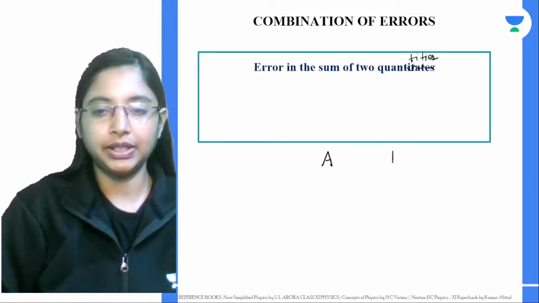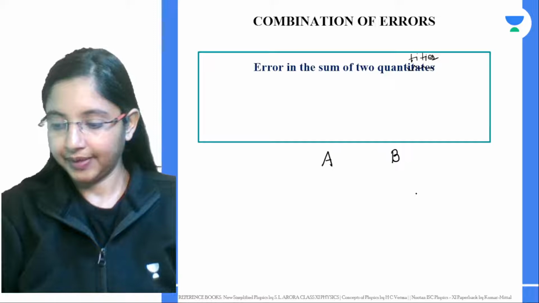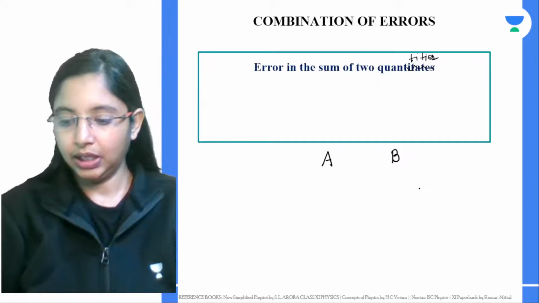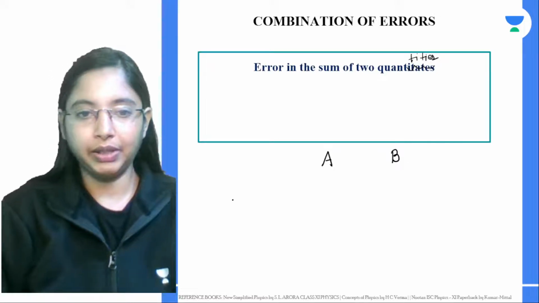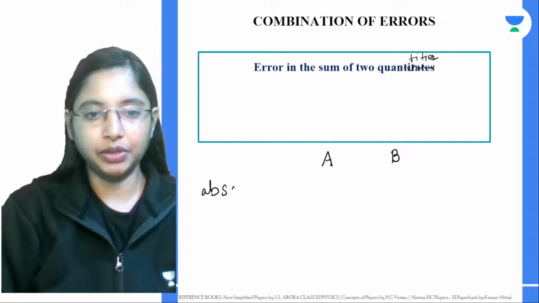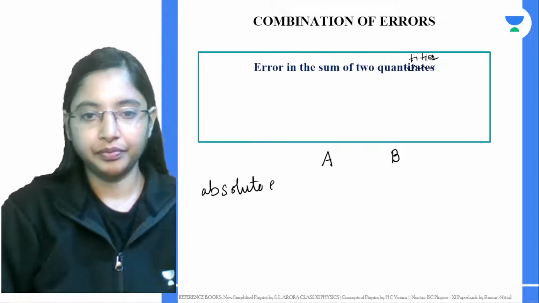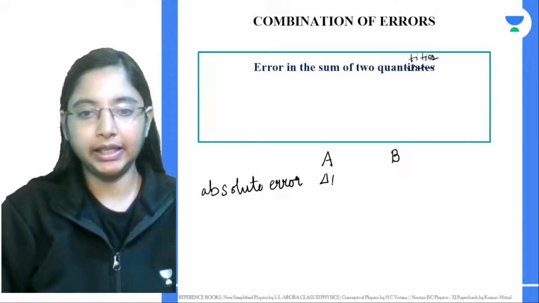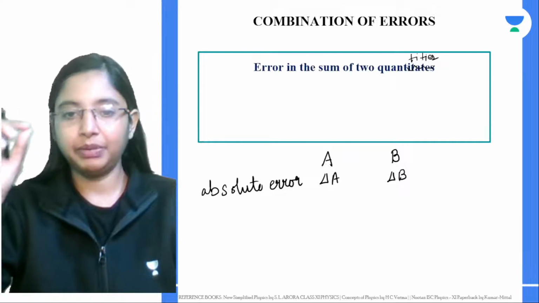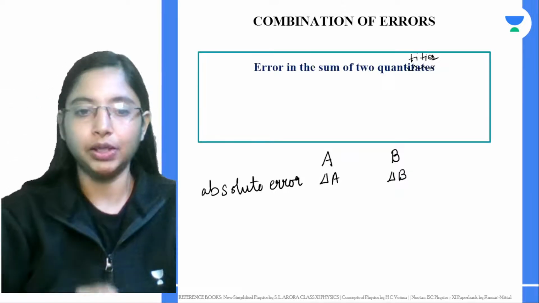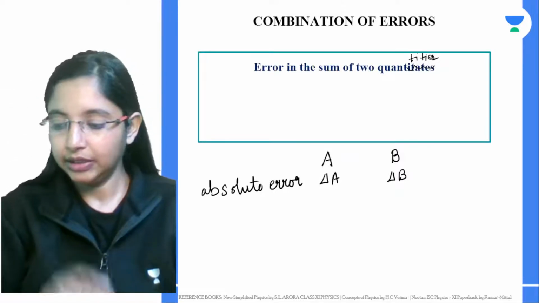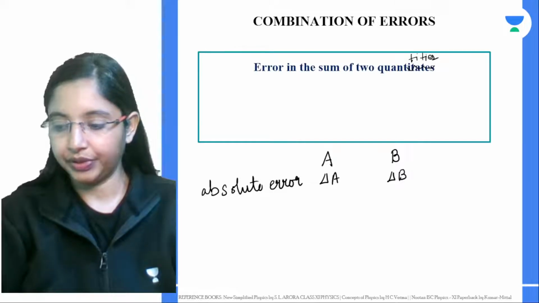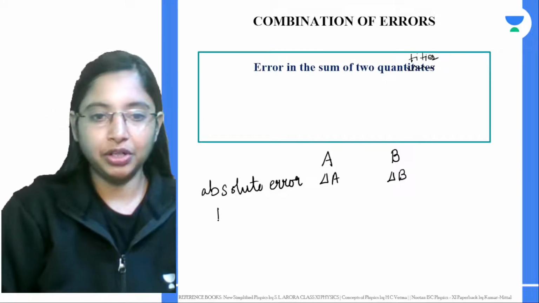Let's say the values A and B. Now in these values A and B, you will get some absolute errors. What will be the absolute error? Absolute error will be delta A, and this will be delta B. So, whatever the mean value is minus that individual value will give you the absolute error, right? So, you have two absolute errors also. Okay. Now, what will be the measured value of A?